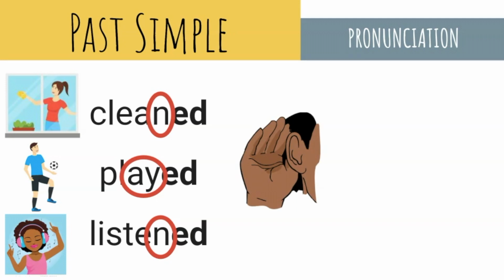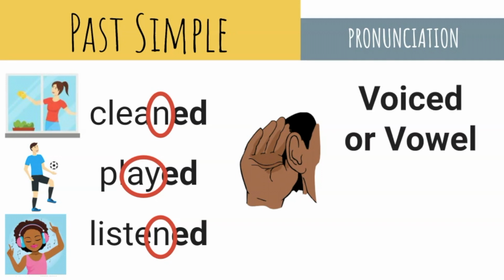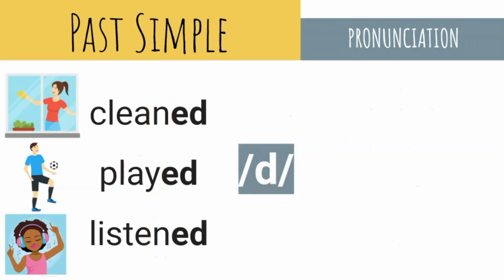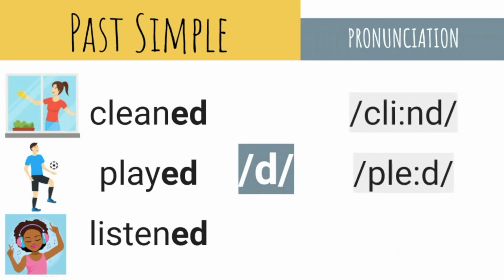These are all voiced sounds. The n is voiced. The a is a vowel. All vowels are voiced. So this ed ending is pronounced d, the voiced d. Cleaned, played, listened.